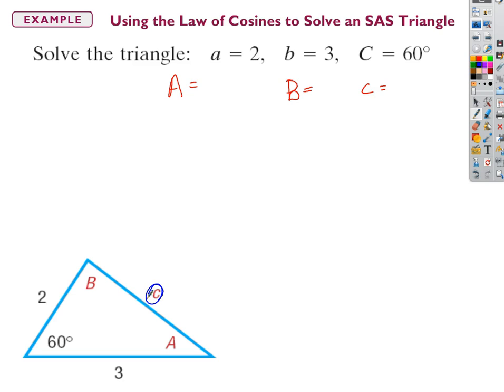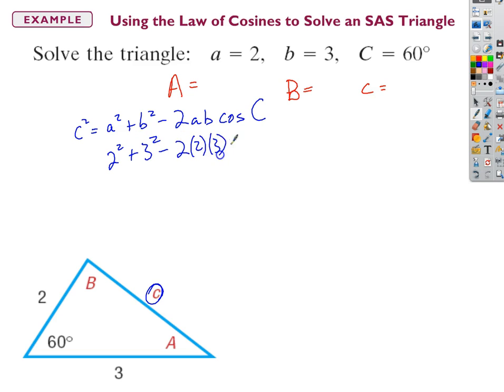So since I want that side, I'm going to start off by grabbing the formula, which is c squared is equal to a squared plus b squared minus 2 times a times b times cosine of big C. And then I just go through the process of filling in and using my calculator. So in this case, this would be 2 squared plus 3 squared minus 2 times 2 times 3 times cosine of 60 degrees. And that's going to equal c squared.